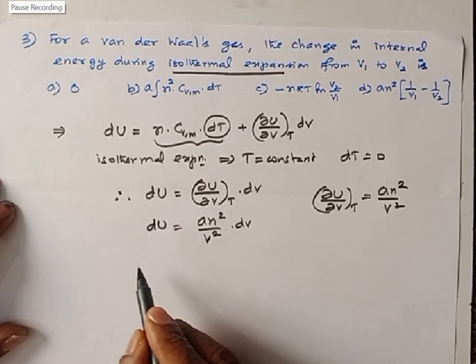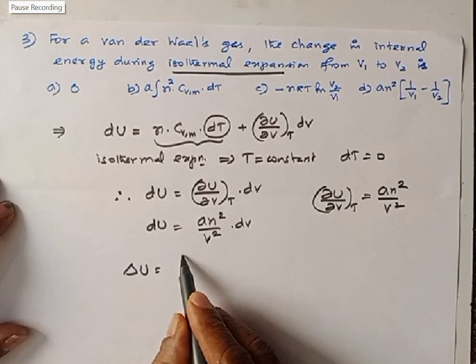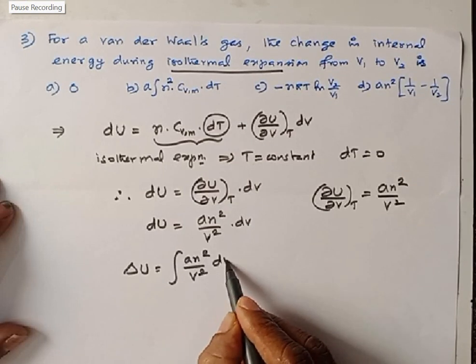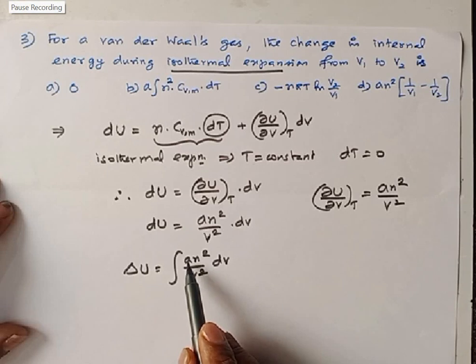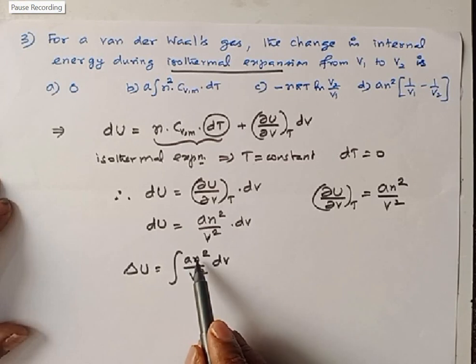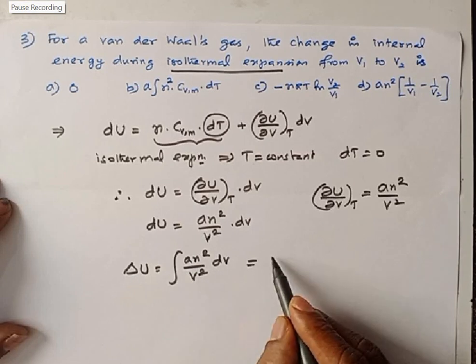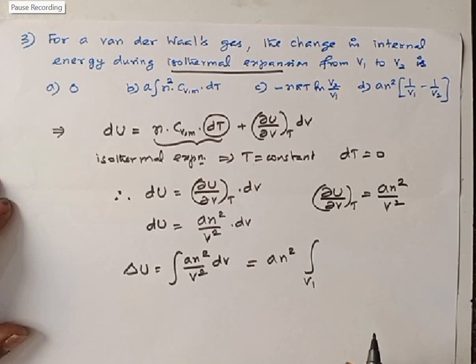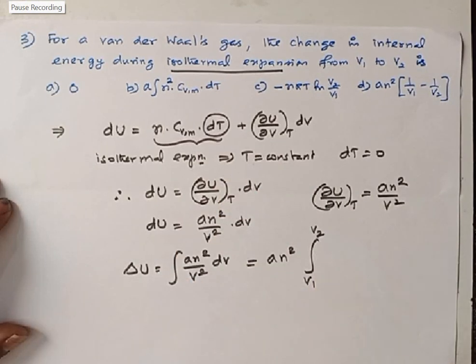For finite change, delta U is equal to, we need to integrate this, a n square by V square into dV. Here a is van der Waals constant, n is number of moles, that is also constant. So you keep a n square out, and integral, since it is expansion, the limit is supposed to be V1 to V2.